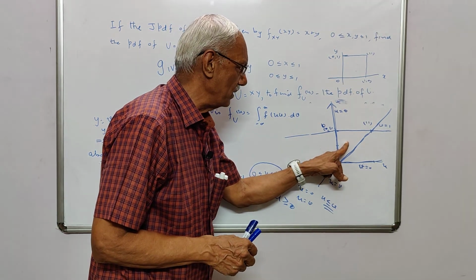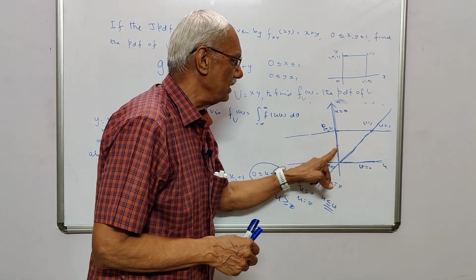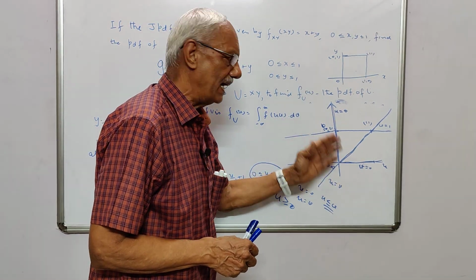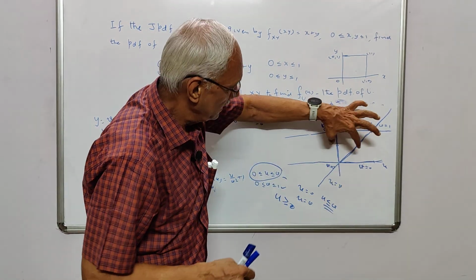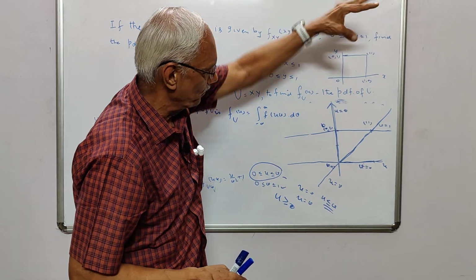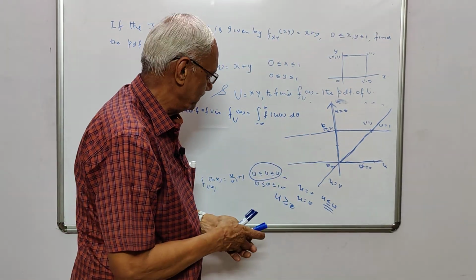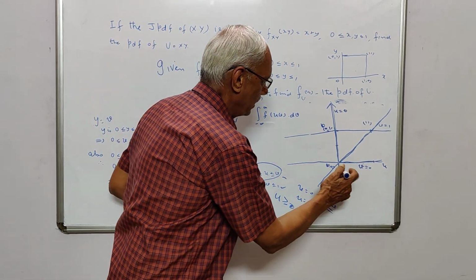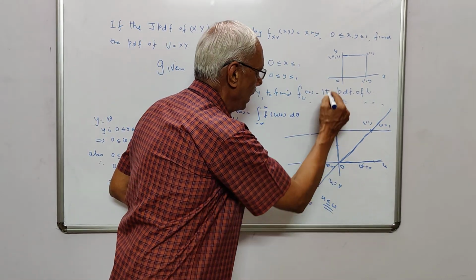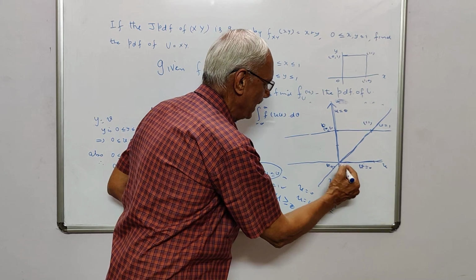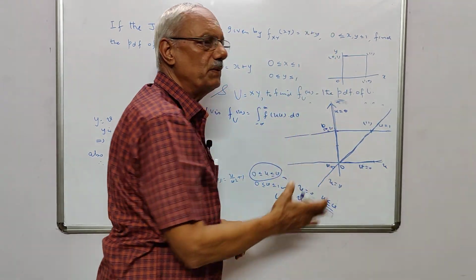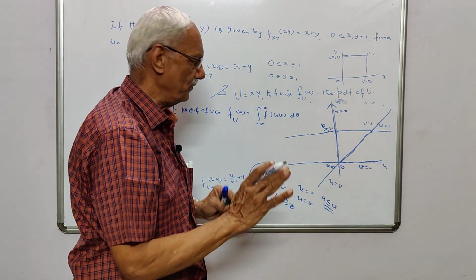I told you that it is the upper region, because here all the u points will be less than v. Therefore, this is the region. That means this full region. Here you take the origin O, the v-axis, and this line passing through the origin, and the full length will be your region. So that is what we are having.